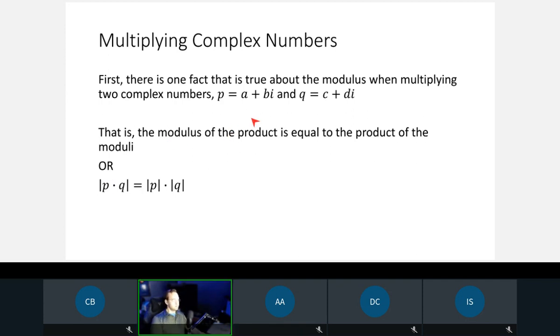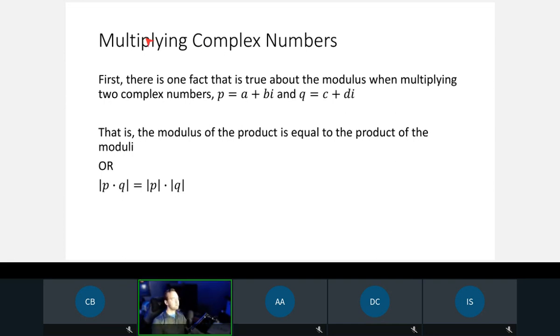All right, and before we go on, do any of you remember the formula? If P is a complex number, A plus BI, how do I find the modulus of P? Anybody remember that equation? If you do, write it in chat. Yep, square root of A squared plus B squared.